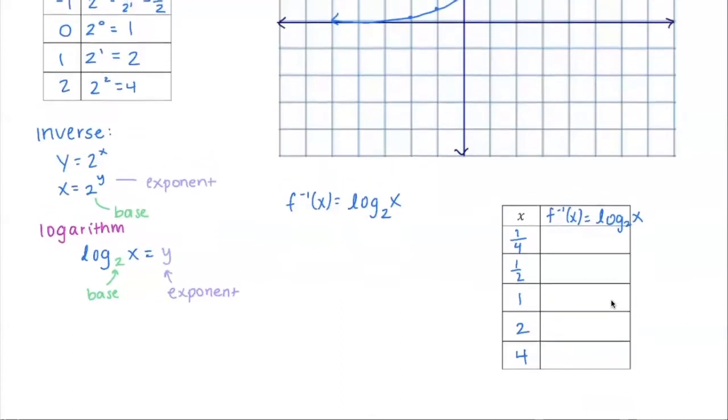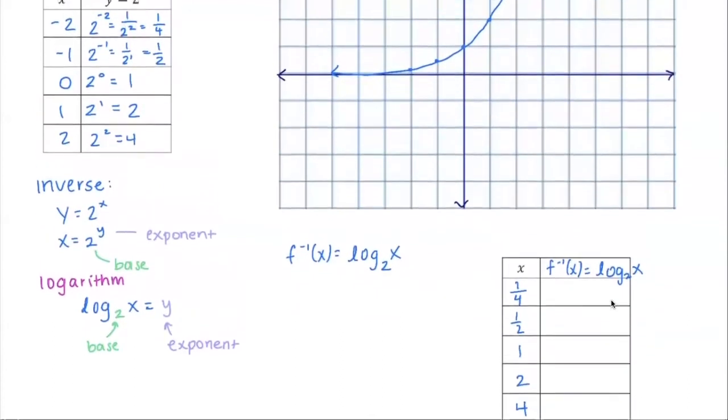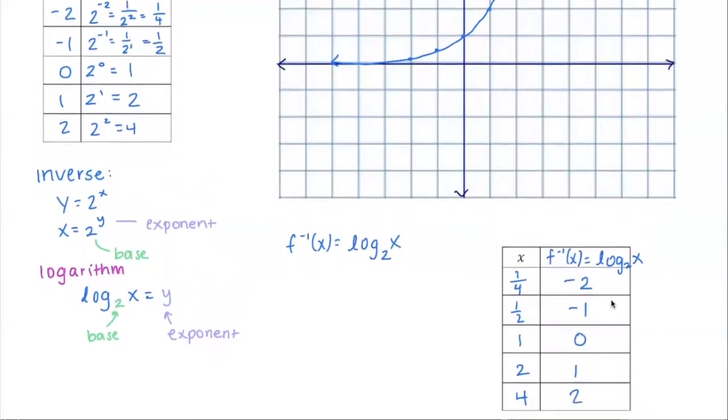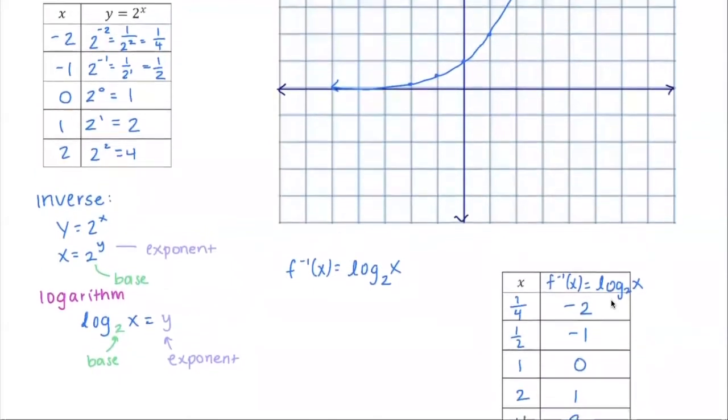And then my f of x will be my f to the -1, my inverse function, will be the x values. So our domain and our range just switched. So I'll graph this in a different color on the same coordinate plane so we can see that relationship between our exponential function and the inverse function, which is log.